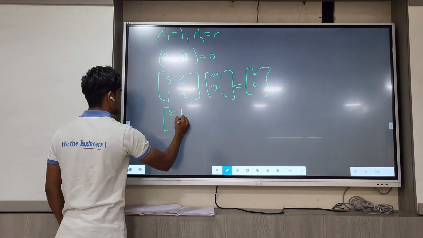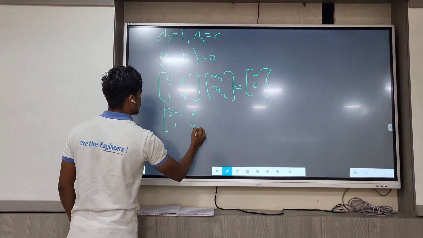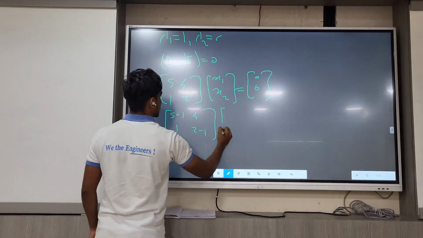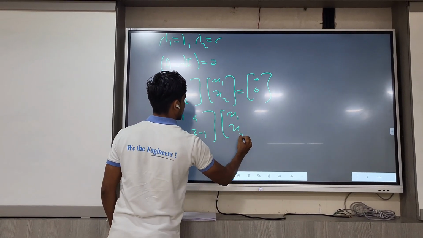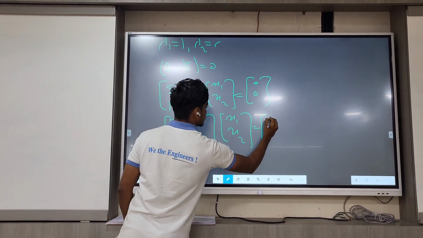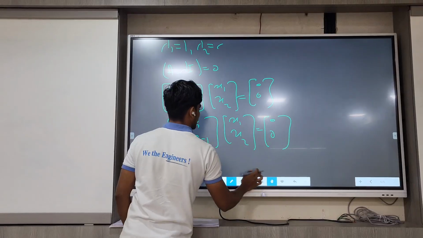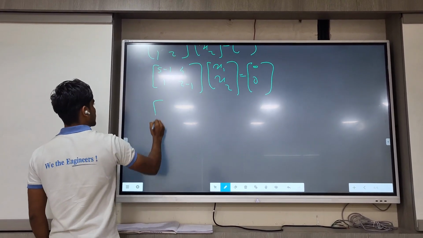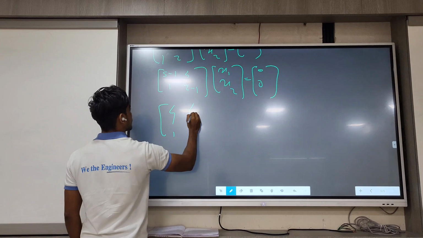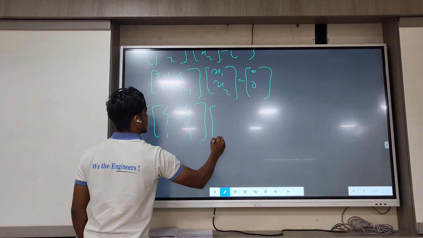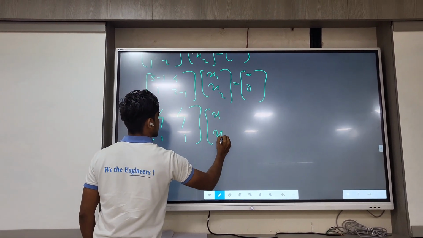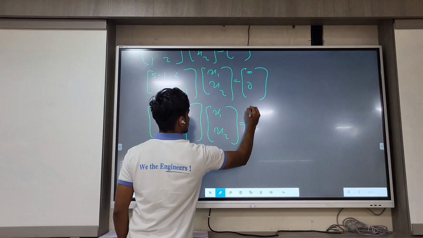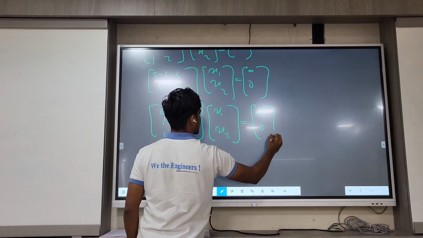That is 5 minus 1, 4, 1, 2 minus 1, and x1, x2 and 0. So that we get 4, 4, 1, 1 and x1, x2, 0.